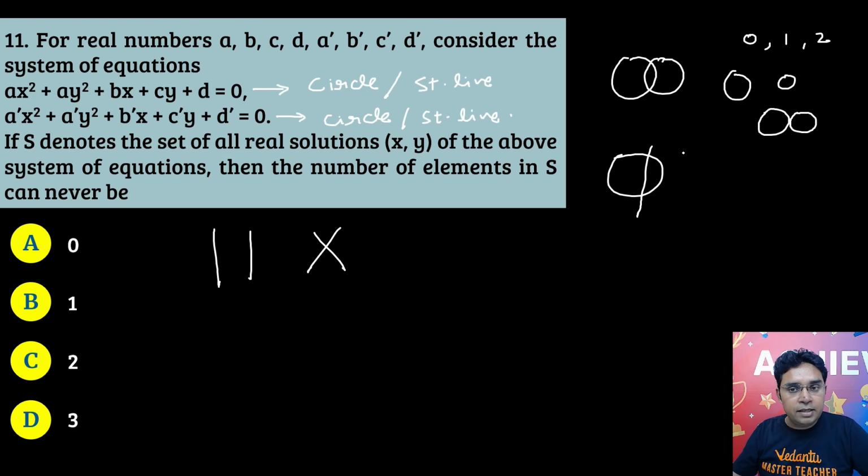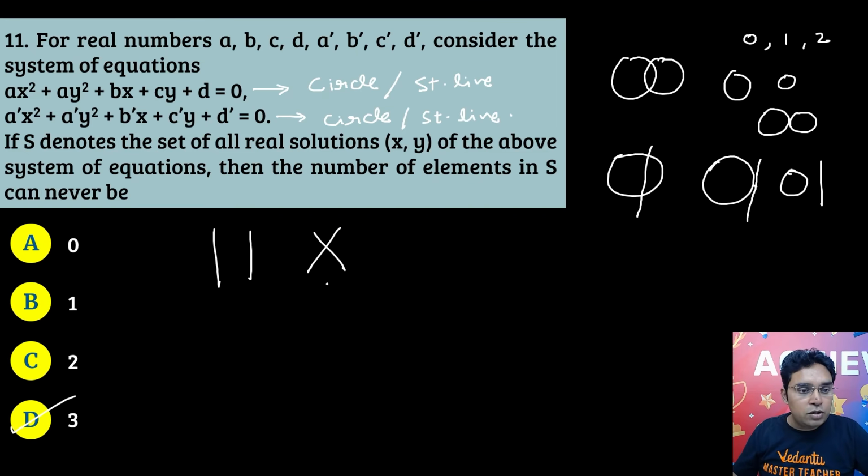Similarly, if one circle and one straight line, then also we will have 0, 1 or 2 solutions. So 0, 1, 2 are possible, 3 is never possible. In case of two straight lines, we can have 0 solutions or 1 solution. So 3, option D, will be the answer.